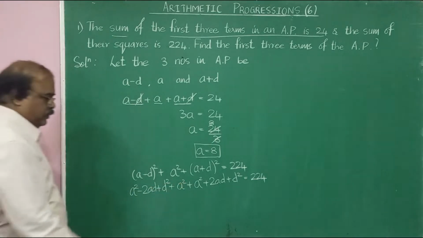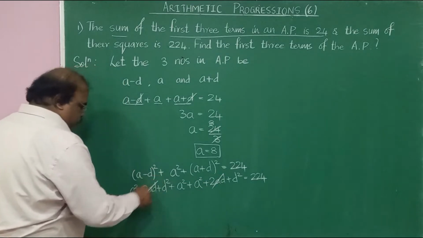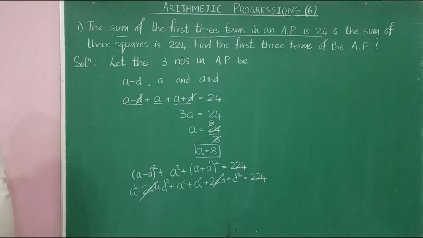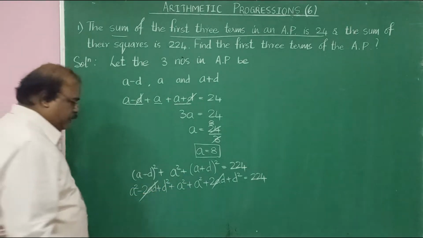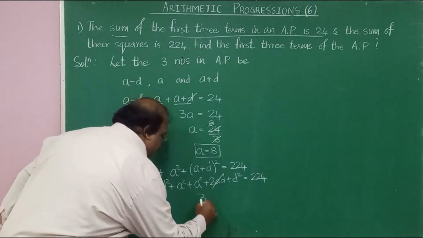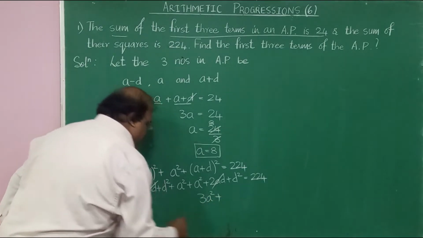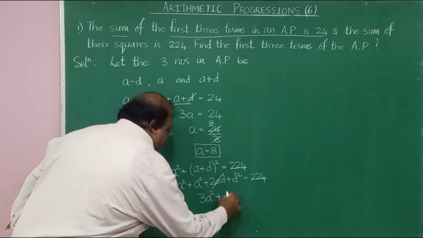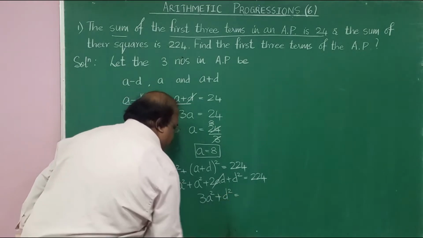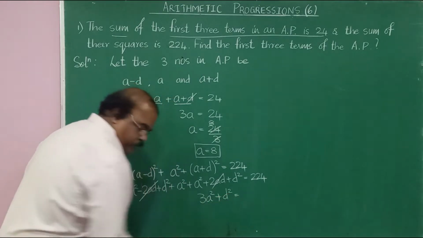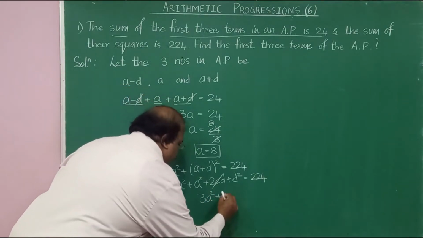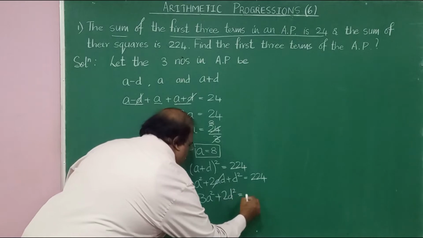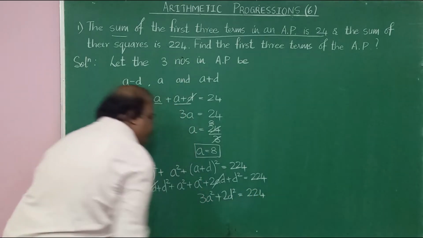So what happens? Plus 2AD and minus 2AD cancel. So what will I get? 1A squared plus 1A squared plus 1A squared, that is 3A squared, and 1D squared plus 1D squared, that is 2D squared, is equal to 224.